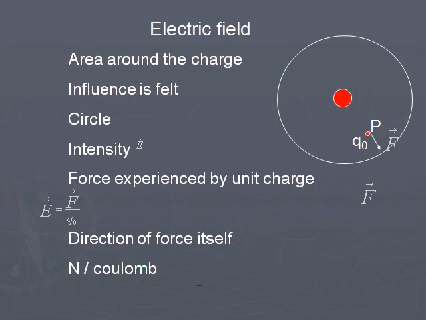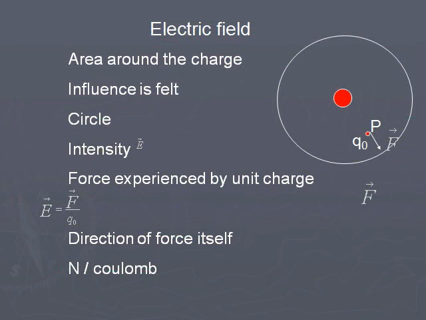On placing a test charge Q0 at point P, suppose the force experienced by it is F bar. Then the electric field intensity is given by E bar equals F bar by Q naught.